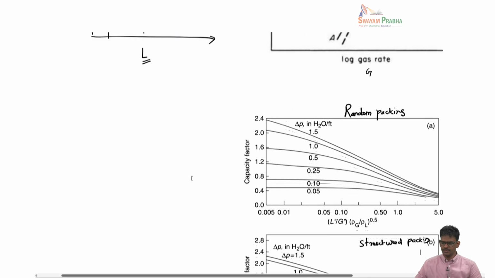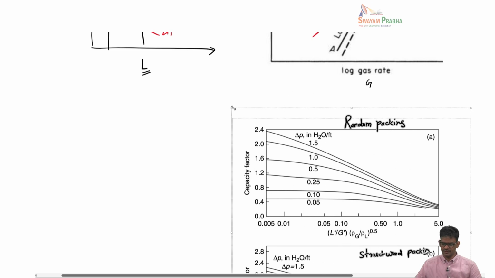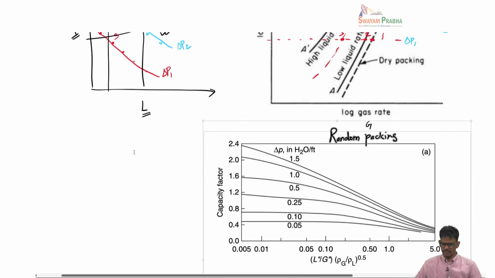So you can clearly see, suppose you look at this particular figure, this y-axis is not G, but it is some factor called capacity factor. I am going to define what it is. On the x-axis, it is not just L, but it is some ratio of the flow rates of liquid to gas. Okay.